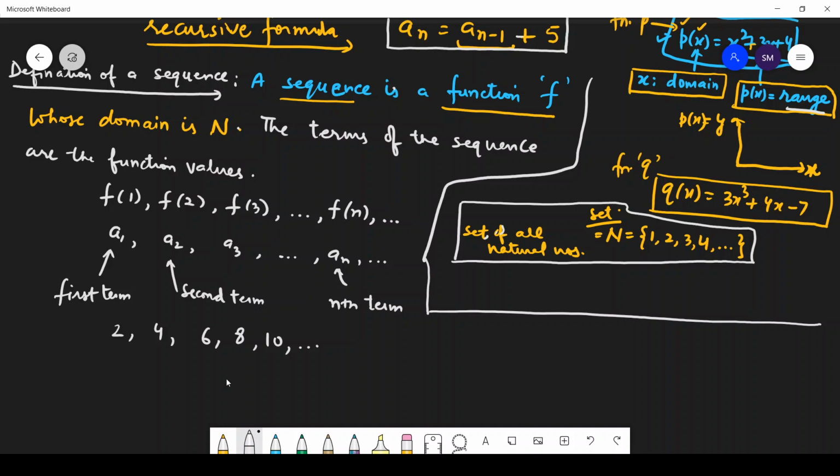We can tell the procedure by giving a formula for the nth term, which is an of the sequence.